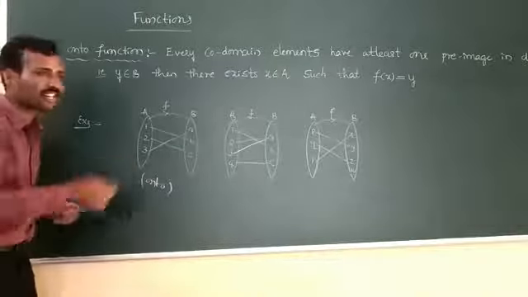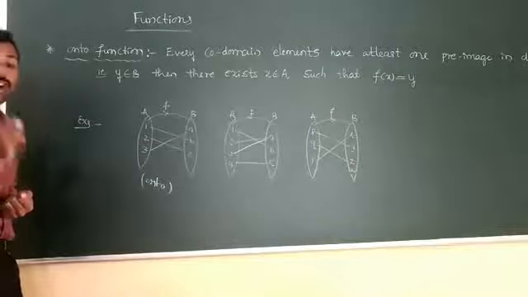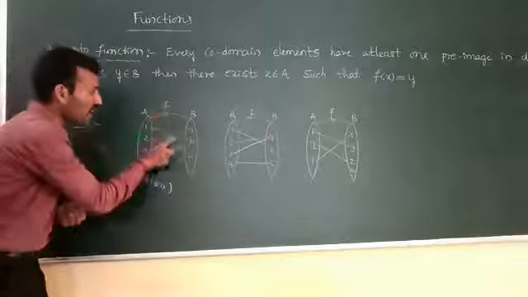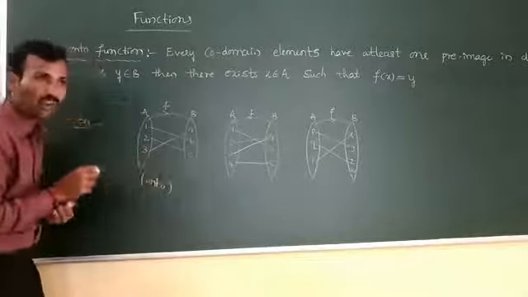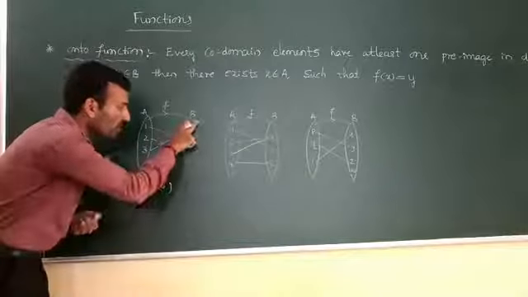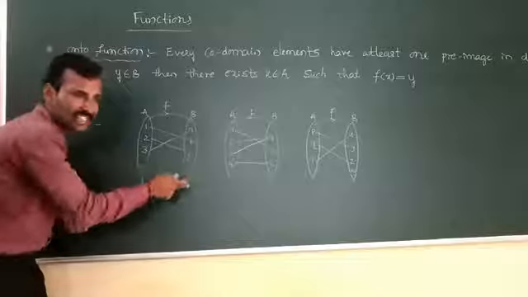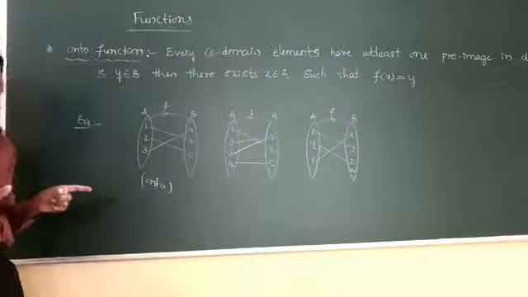Or using another definition I have written: range is equal to codomain. What are the range elements? f of 1 is A, f of 1 is B, f of 2 is C, f of 3 is A. The range is A, B, C. The codomain is the set of elements A, B, C. That's why codomain is equal to range, and this function is an onto function.